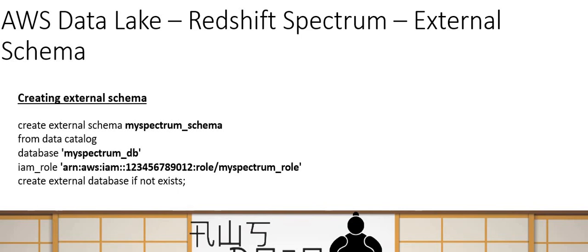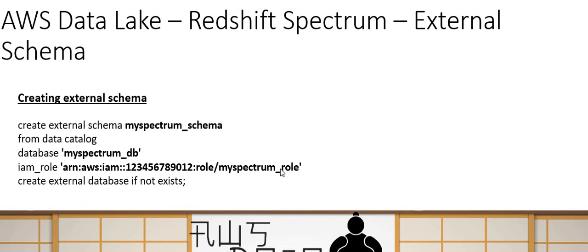Now, how do I create this external schema? You simply run a SQL query, and that SQL query is create external schema. Then you give this schema name from the catalog, and from the catalog database, and this is the catalog database name. And then simply this is the Redshift Spectrum IAM role. That's it.